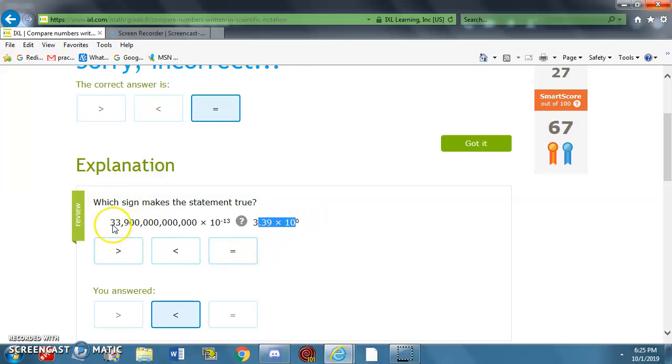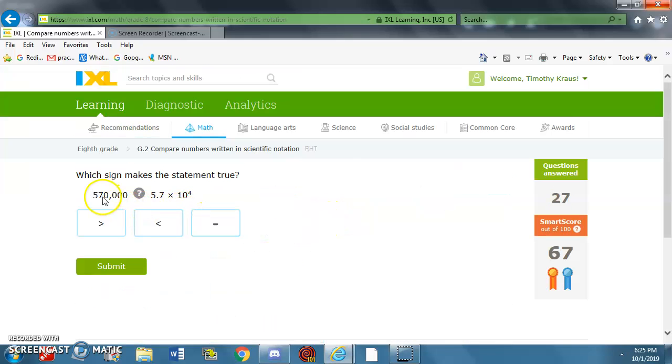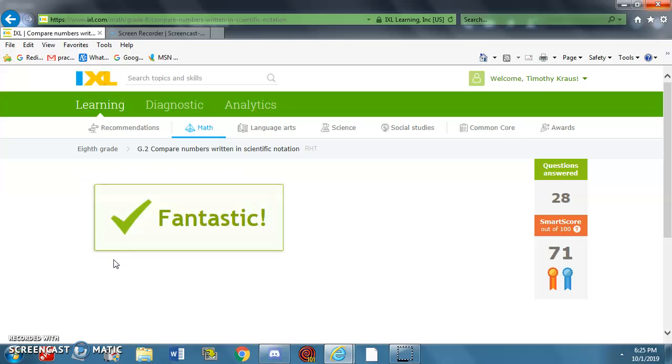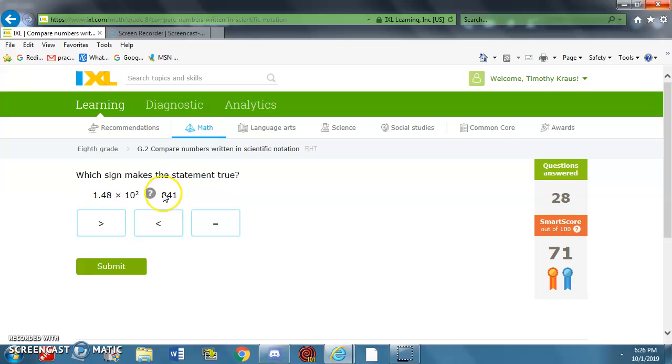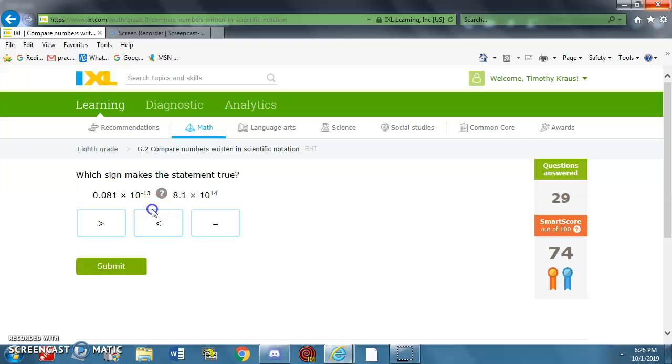How is that equal? I don't know. Because of the jumps.